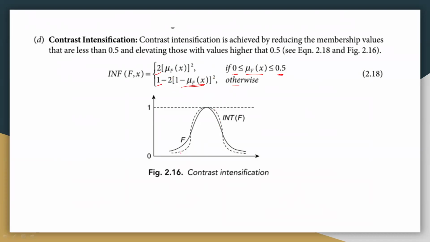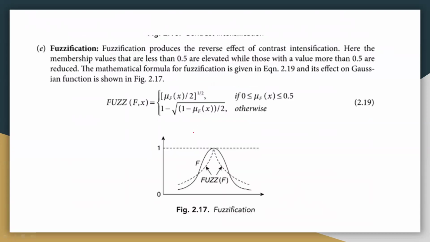So this is how it goes. You can see the difference in the graph. Around this, it goes down, but around this, it goes up. So you'll have two kinds of values here. Contrast intensification works by reducing the membership values that are less than 0.5 and elevating those values that are greater than 0.5. That is why you have two sets of equations.